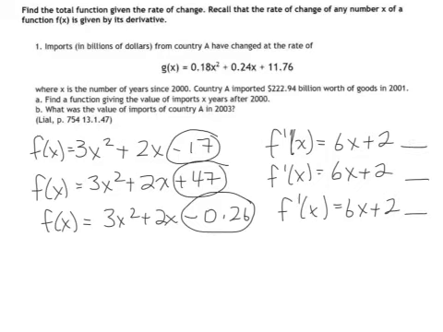So when we're going from the derivative back to the original function, we need to consider that there was some constant there before. And we have to look for information in the question in order to determine what was that constant in the original function.